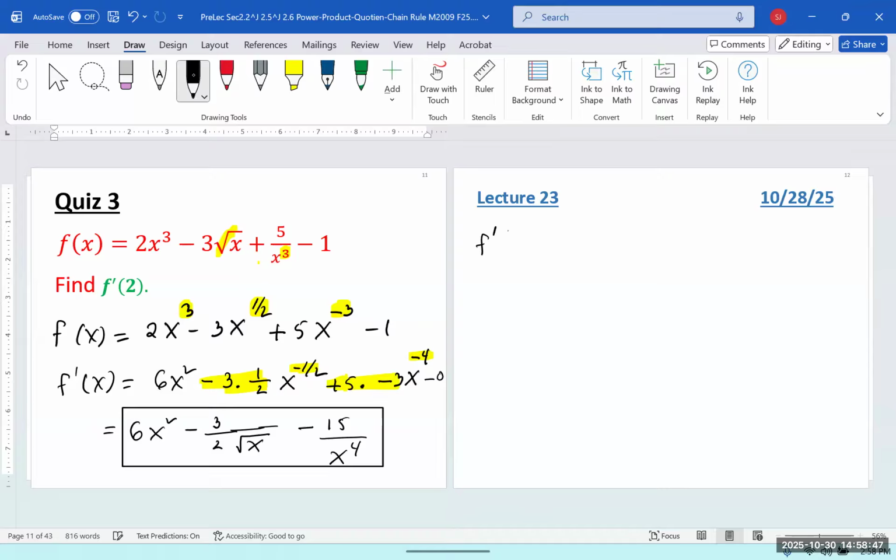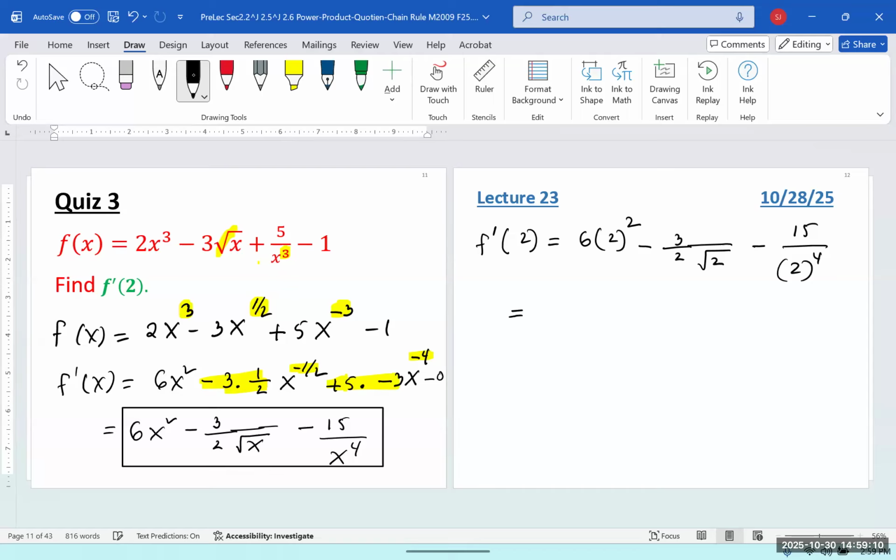Now we are finding this derivative when x is 2. So 6 times 2 squared minus 3/2 square root of 2 minus 15, 2 to the 4.